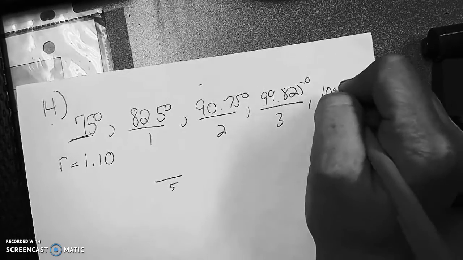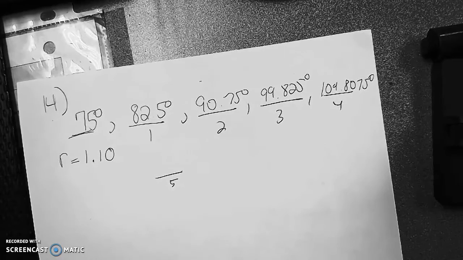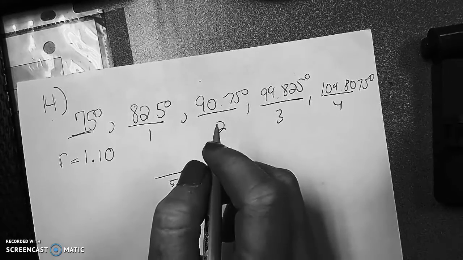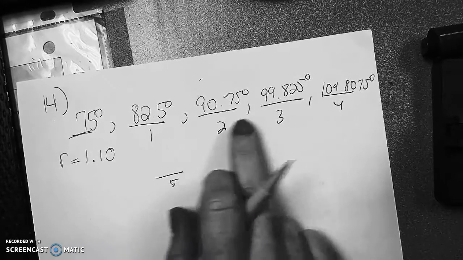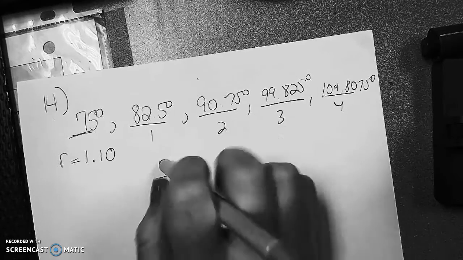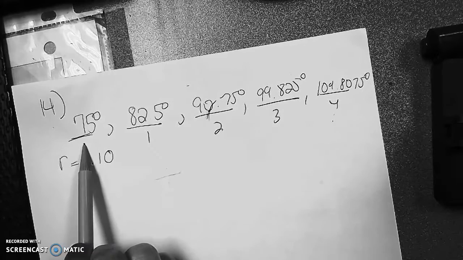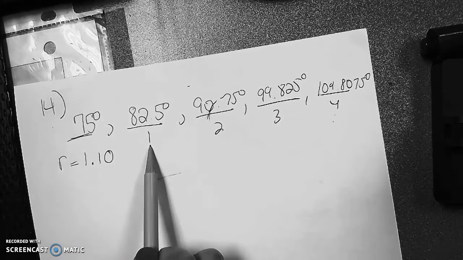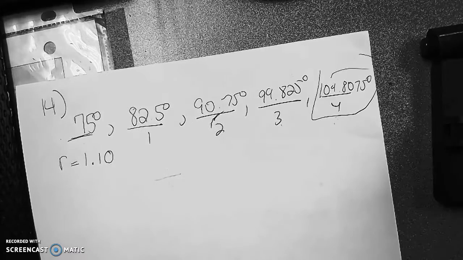I'll go ahead and do that really quickly. 0, 1, 2, 3, 4. Oh, that should be the answer, not 5. It said after 4 hours. So that's as soon as you touch the hot tub. Here's the end of hour 1, hour 2, hour 3, and hour 4. And I made sure to put degrees on that.